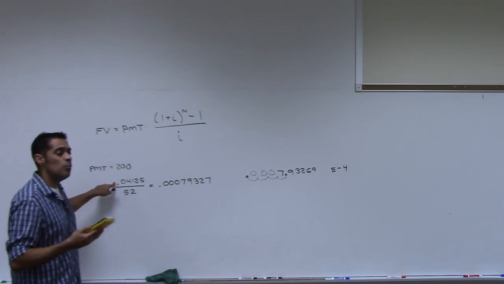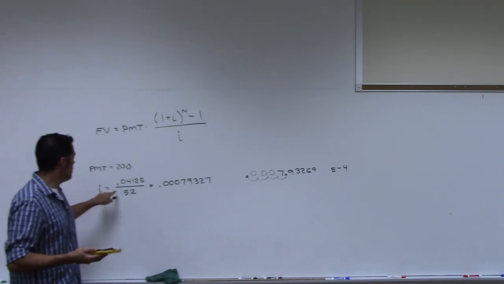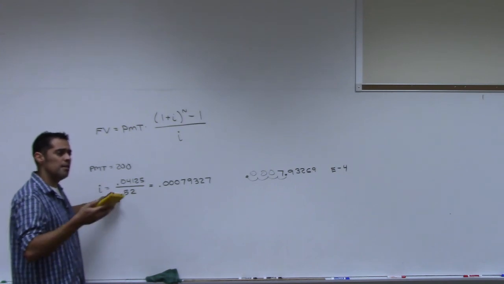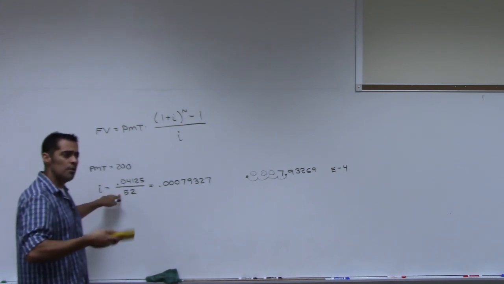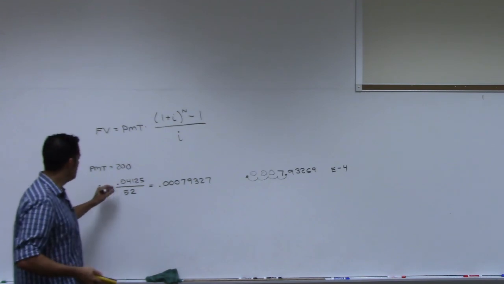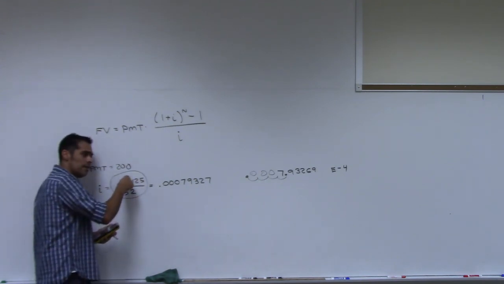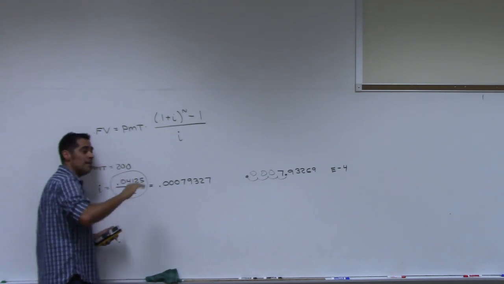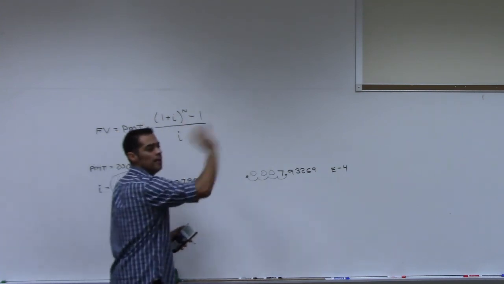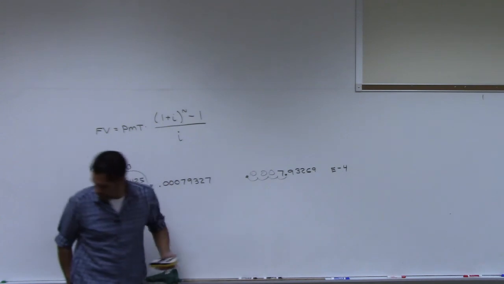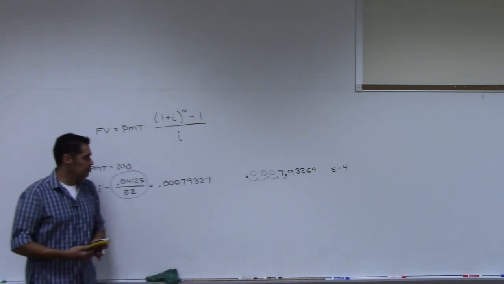We have to look at how many weeks there are in the year, so we use 52. If it had said compounded monthly, you would have used 12, quarterly 4. So it's important that the I comes from the interest rate divided by how often it's compounded, not how often you're putting money into the bank.